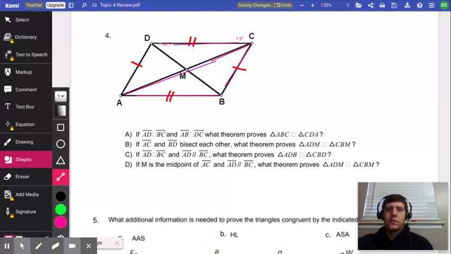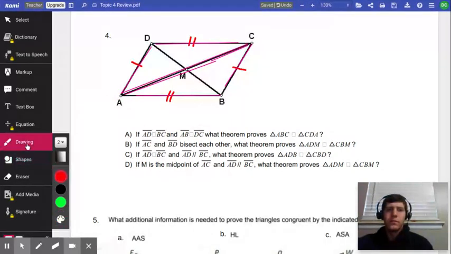So C, D, and then A. Right, so we can use then the reflexive property. Right, AC is going to be congruent to AC. So now we have side, side, side. These 2 triangles would be congruent by side, side, side.